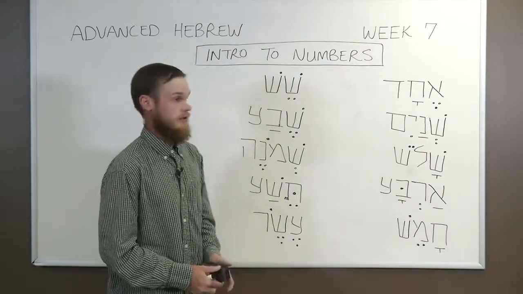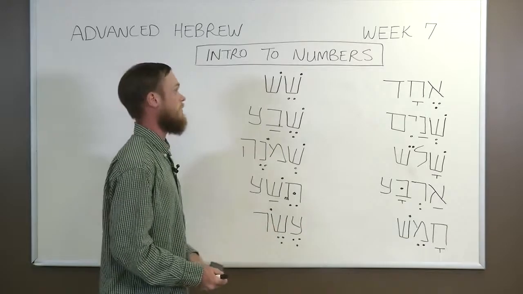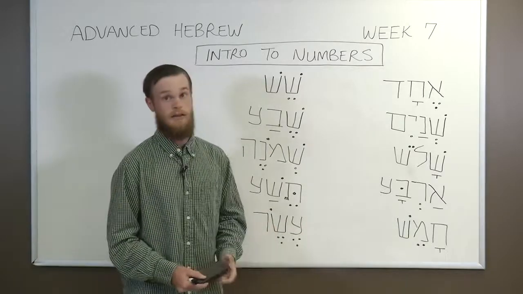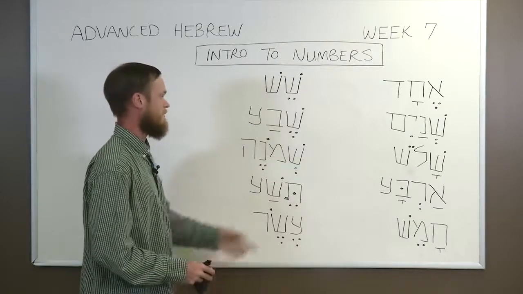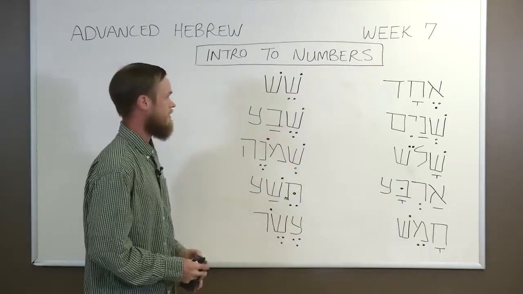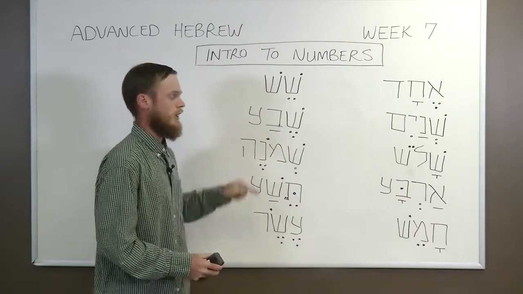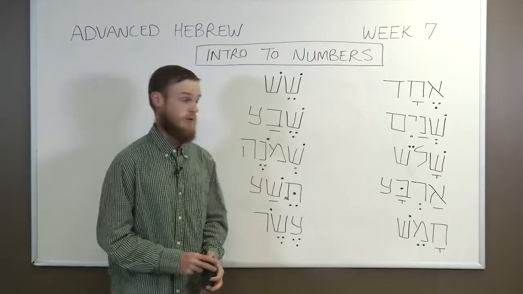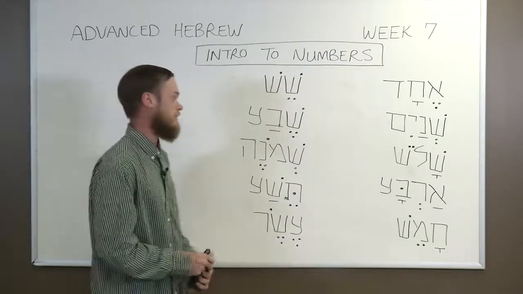Shisha is 6 feminine. Shevang is 7, probably where we get the name of our number 7 from. Shavaga, 7 feminine. Shemone is 8. Shemona, changing the segul to a kametz, is 8 in the feminine. So Shemone and Shemona, masculine and feminine of 8.